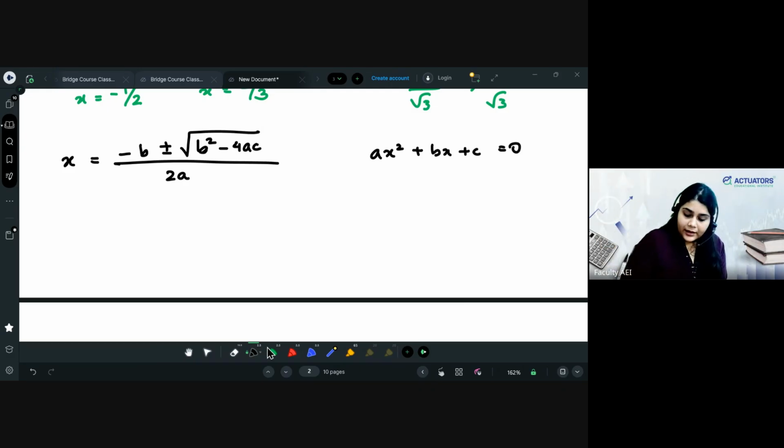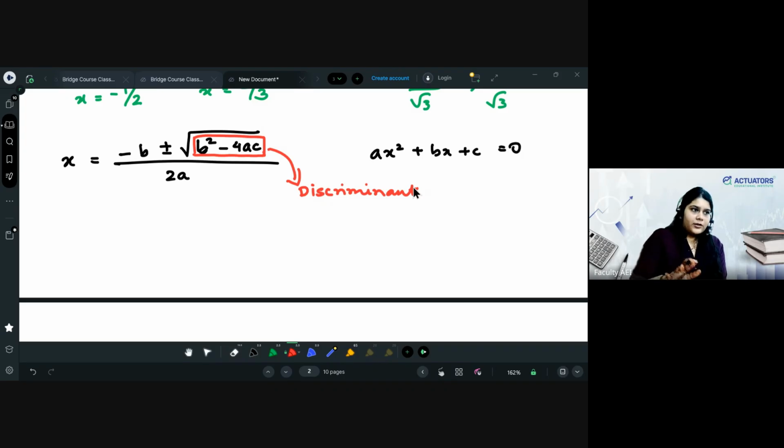Now in this, ये जो स्क्वायर रूट के अंदर वाला पार्ट है, not even this much, only this part, this is called the discriminant.